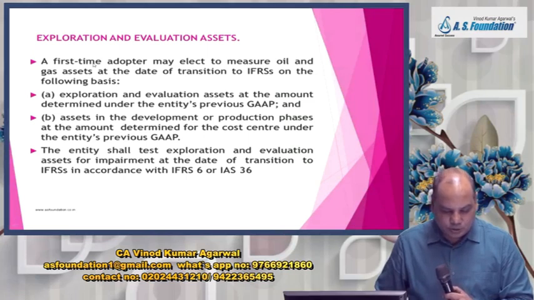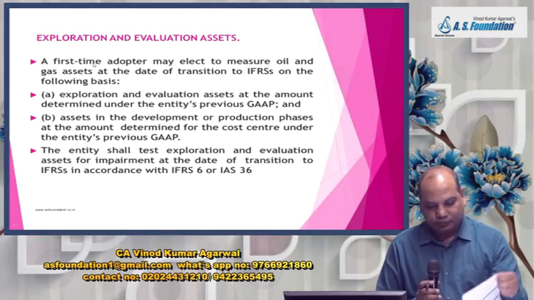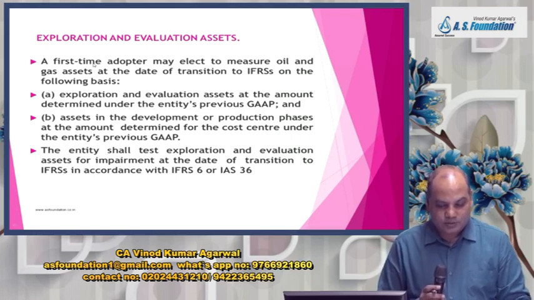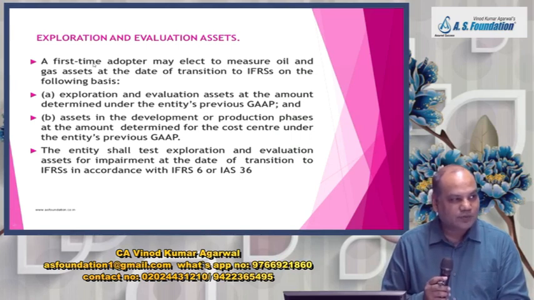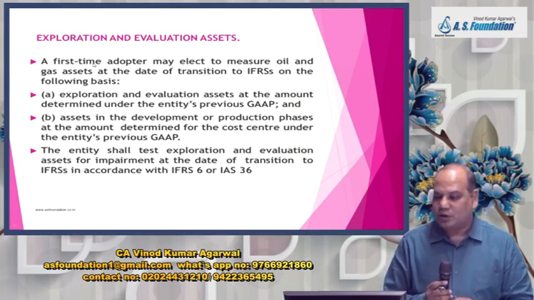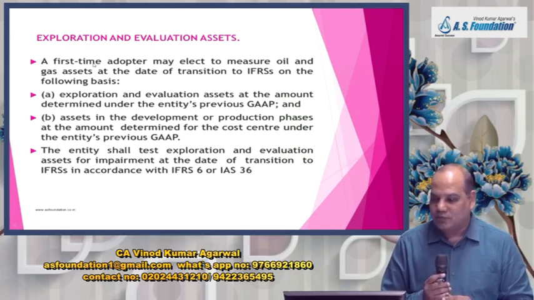Now next is exploration and evaluation asset. This you will refer IFRS 6. Now IFRS 6 is very different from other standards, because in IFRS 6 we are allowing to capitalize expenditure incurred on exploration and evaluation of mineral, gas and such other non-regenerative resources.